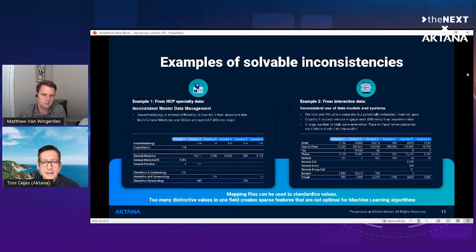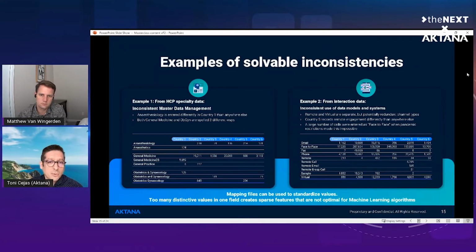So this is an example of solvable inconsistencies that we found in an actual anonymized project. This is always the first step that we execute when we start a project, this data readiness assessment, analyzing all these ecosystems that I mentioned before.